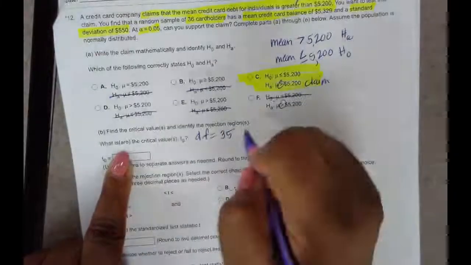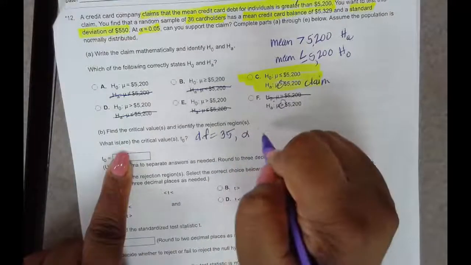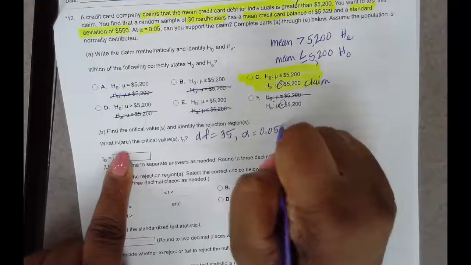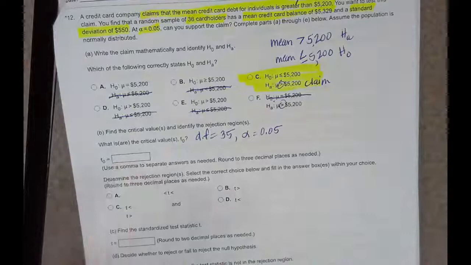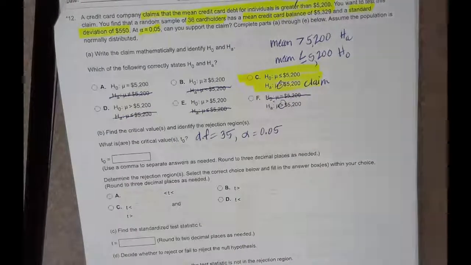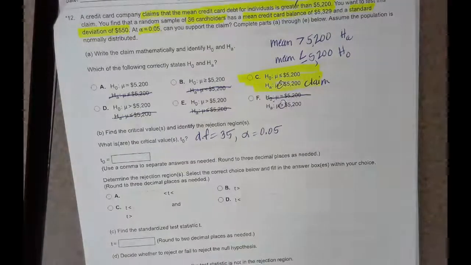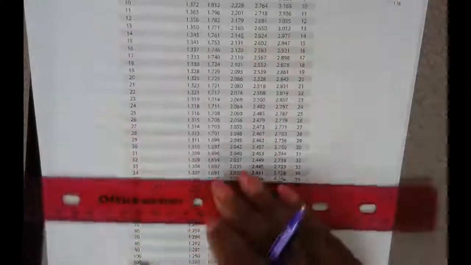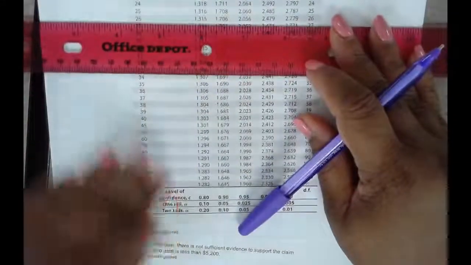And then our level of significance, which is equal to 0.05. So let's find our critical value. Now, I see here 35. Let me do this.